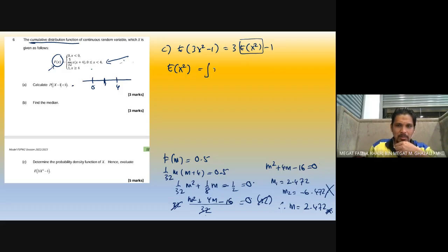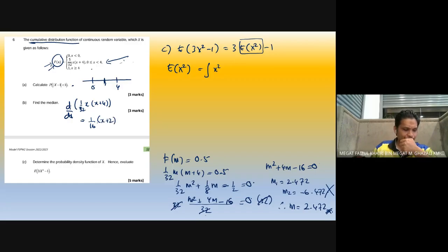It is an integral of x squared with the function f of x. So what we have here right now is capital letter F. So differentiate this: 1 over 32 x and x plus 4 with respect to x, and this is going to give you 1 over 16 x plus 2.